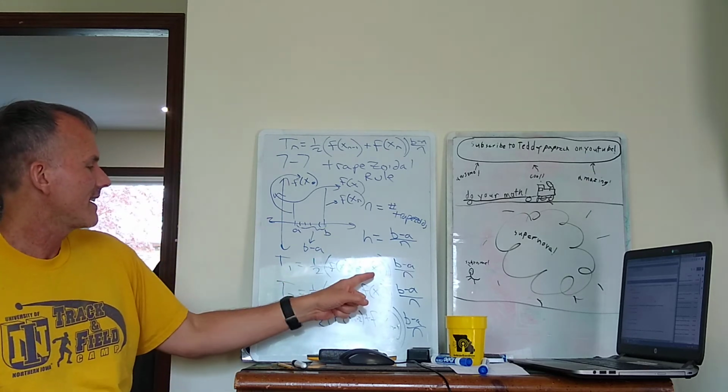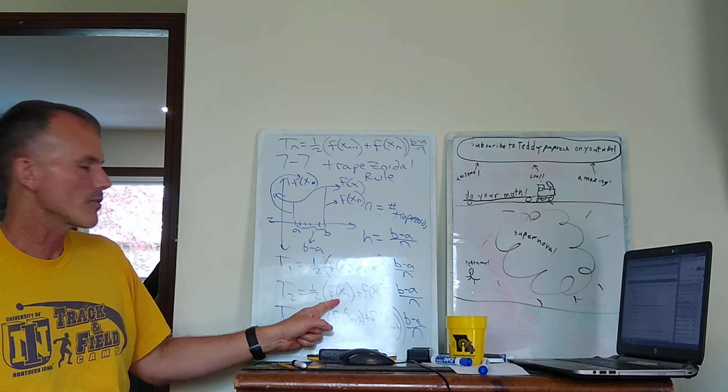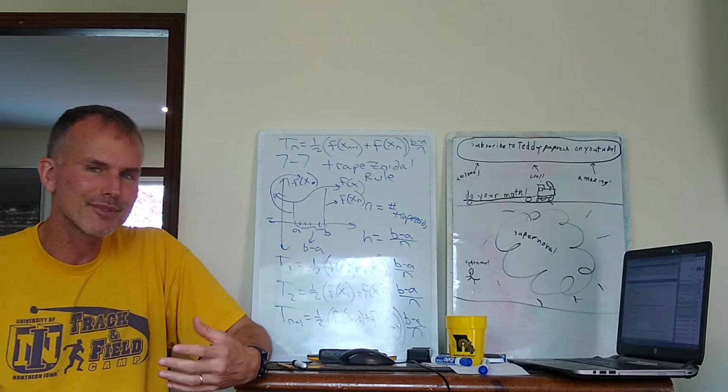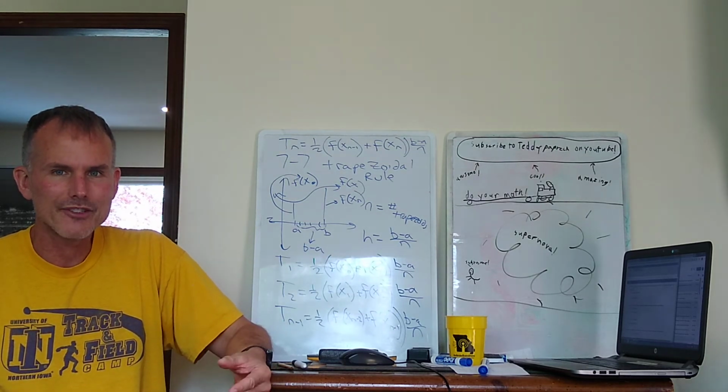Because if you look at this, there's an f of x sub 1 here, and there's an f of x sub 1 here as well. There's an f of x sub 2 here. There'd be an f of x sub 2 in the third trapezoid as the leftmost edge.